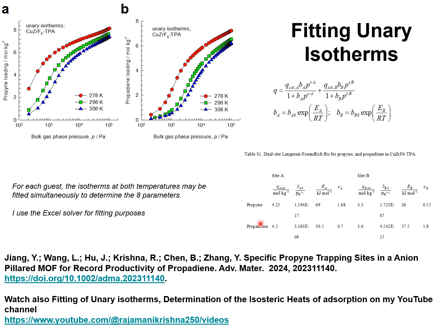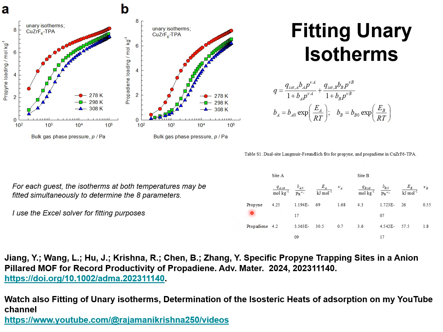For each guest, I use the dual site Langmuir-Freundlich model with temperature dependent parameters BA and BB as shown here.